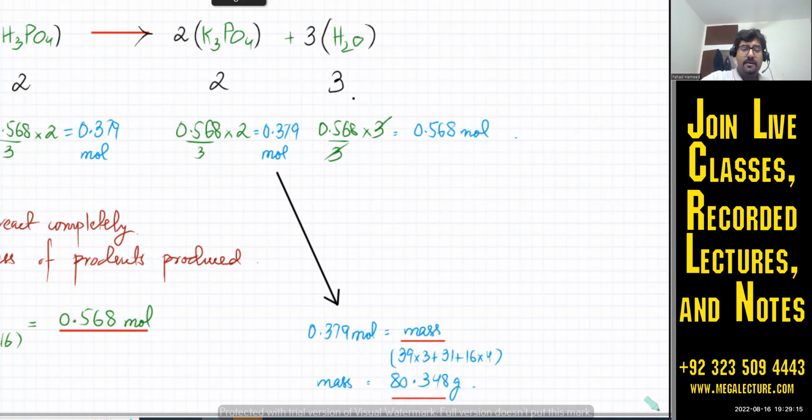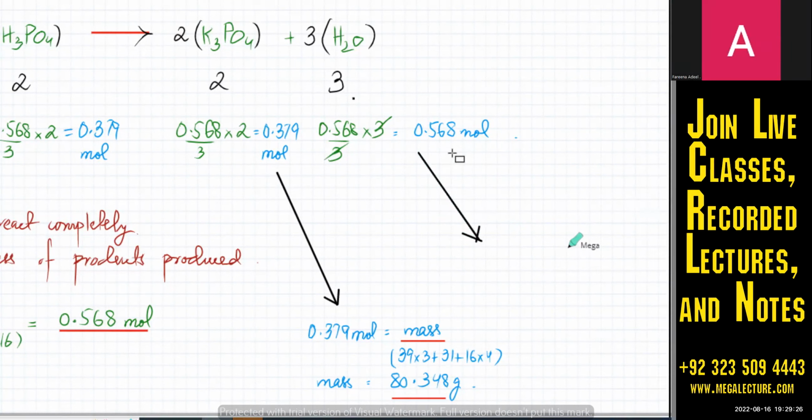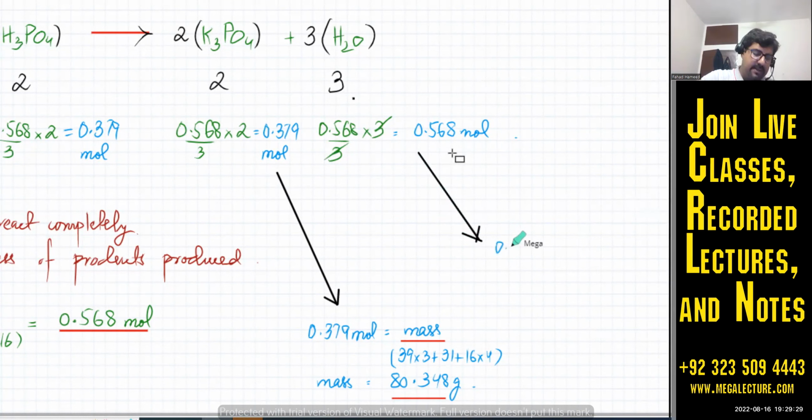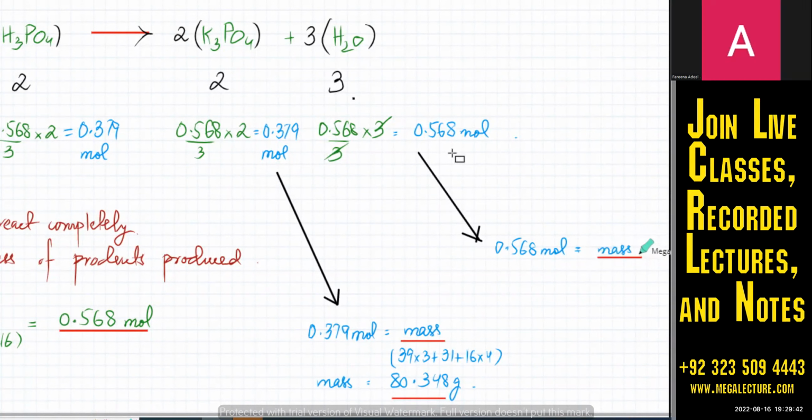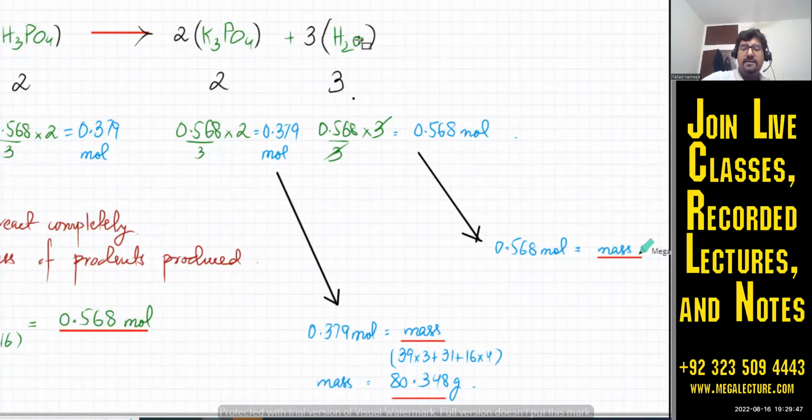So we found the mass of the product. There's another product as well, which is water. And I know the moles of this one as well, 0.568 moles. Moles is mass divided by the molar mass of water, which is 2 hydrogens and 1 oxygen.